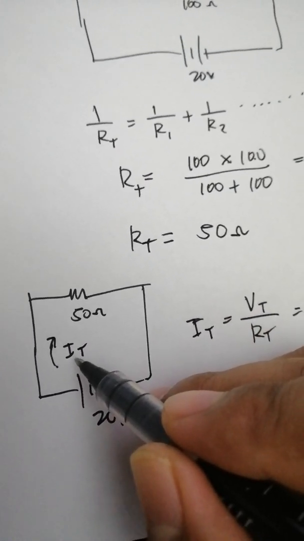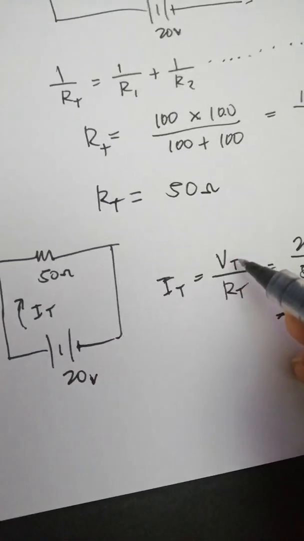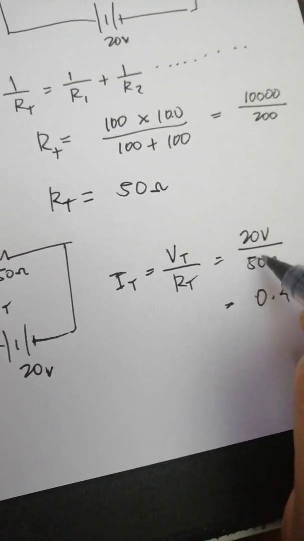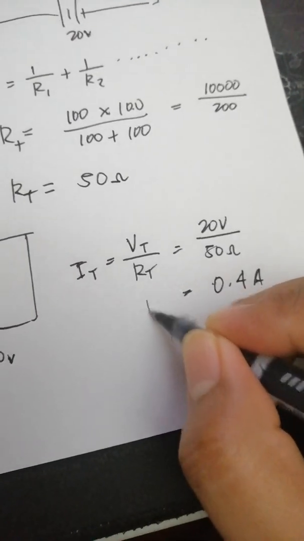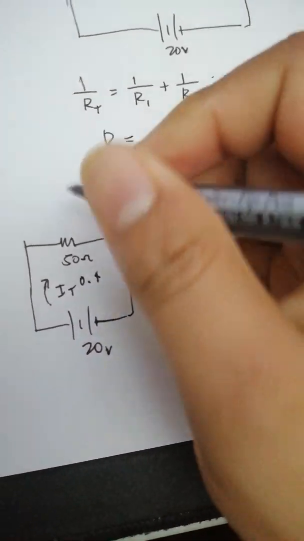So we can now calculate the total current. Total current is equal to V total divided by R total. So this is the 20 volts, total voltage, divided by 50 ohms. It says here, the total current is 0.4 ampere. So 0.4 ampere will be the current total.